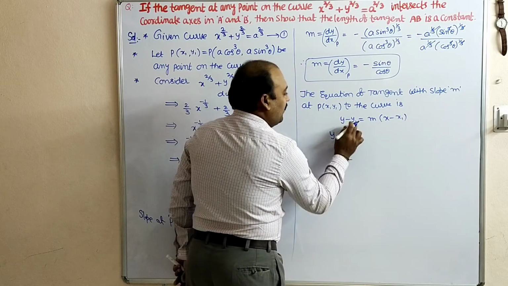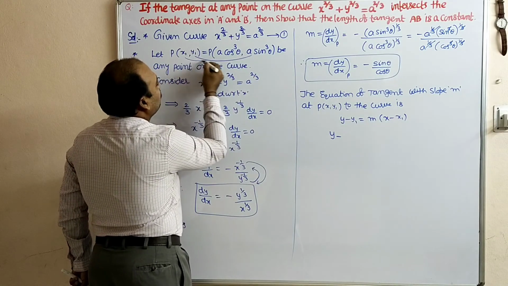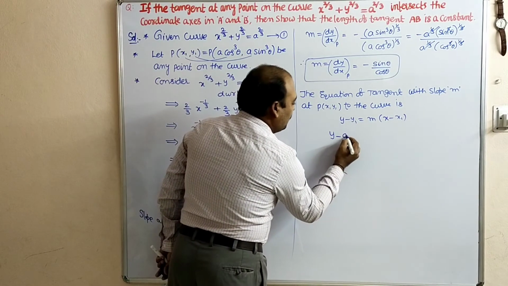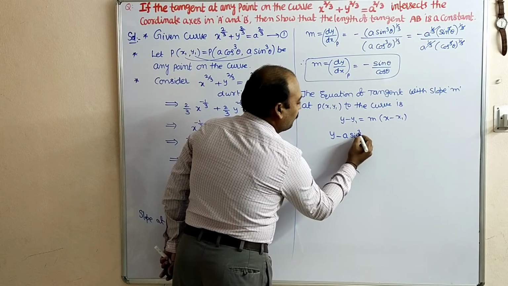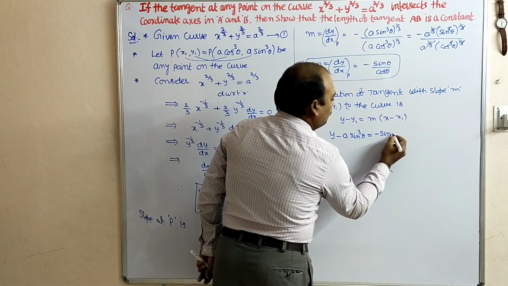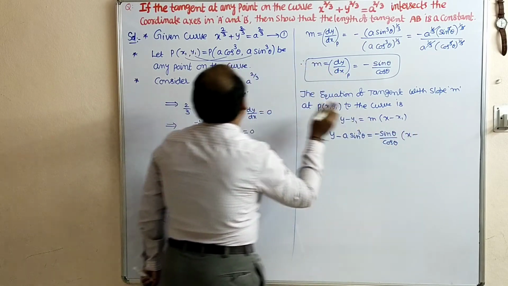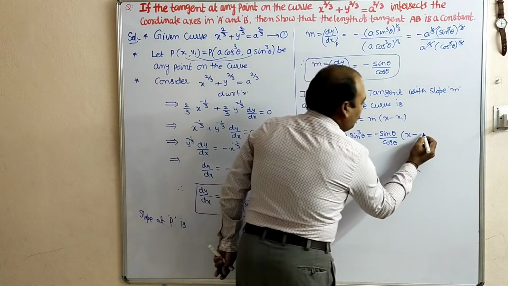So y1 is equal to a sin cube theta. So y minus a sin cube theta is equal to m, whose value is minus sin theta by cos theta, into x minus x1, where x1 value is a cos cube theta.